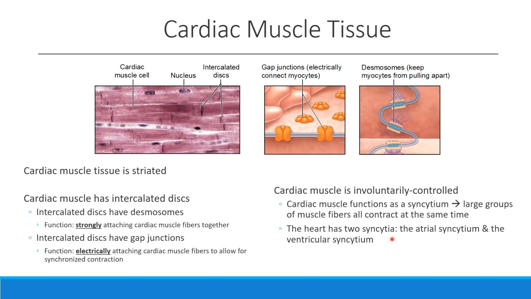Now we see two main syncytia, or two of these groups of fibers that contract together. Unsurprisingly, the first group is in the atria, those top chambers, and the second group is in the ventricles, those bottom chambers. So we contract these cells together as groups called syncytium, and we can do that because they're sharing their messages with one another.